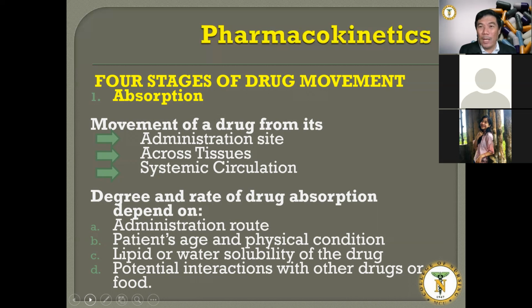The administration site is either oral, intravenous, intraosseous, direct to the bone marrow, sublingual, under the tongue, or other routes such as topical, through the skin. This is what we call the administration site. And once the drug is starting to be absorbed, it will definitely proceed across tissues. It's not yet within tissues.